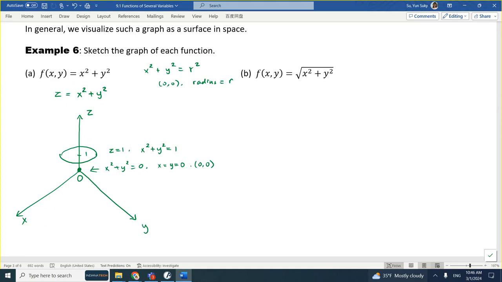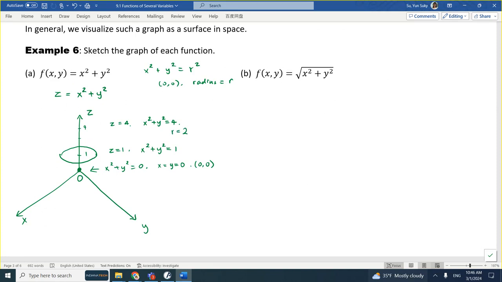What z do you think is the next number? 4. Yes, 4. So we go 1, 2, 3, 4. So when z equals 4, we get x squared plus y squared equals 4. It's a circle with radius what? Radius is 2.